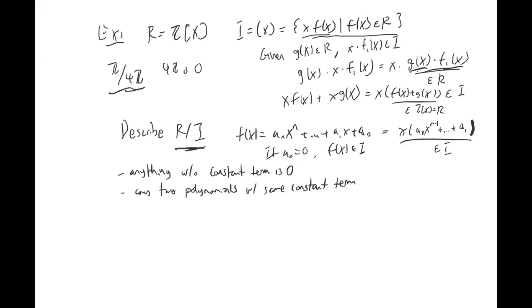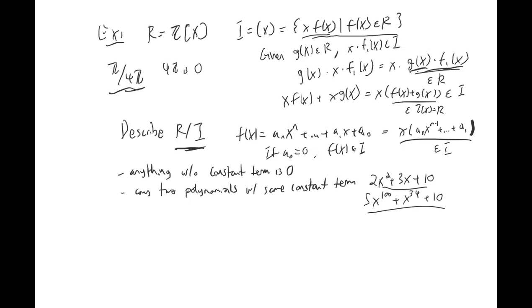For example, let's just make it up, just so you all see. Let's say they have the same constant term 10: 5x to the 100 plus x to the 34 plus 10, and another one. What do you know about these two polynomials? I'm asking you, are they equal in the quotient?